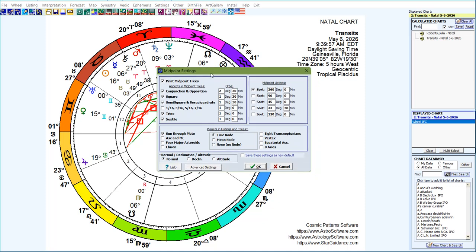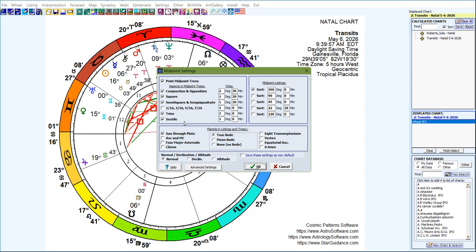Originally, the midpoint structures were taught by just using the conjunction aspects. But as I do consultations, give classes, and see so many clients, these aspects that I've selected are also very, very important.